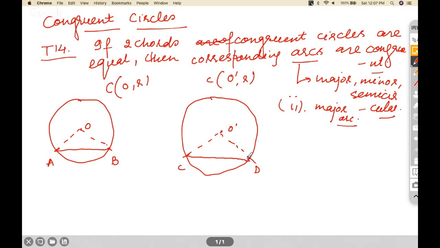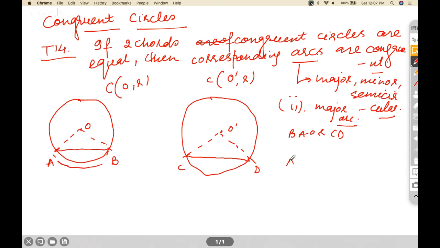So for major arc, what I will do is I'll take AB and CD, or BA or CD. So AB also can be major arc, and in that case BA becomes minor arc. So it's actually the same thing.